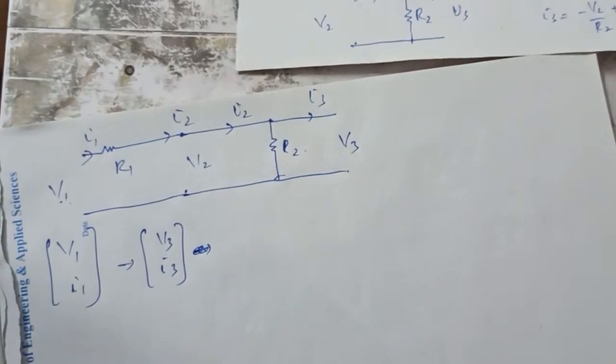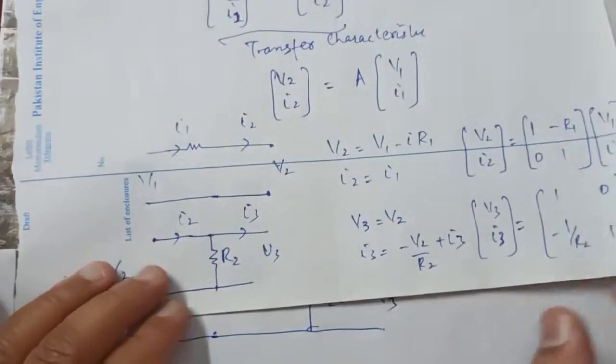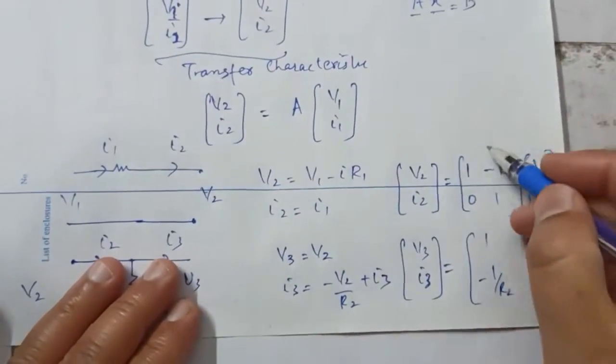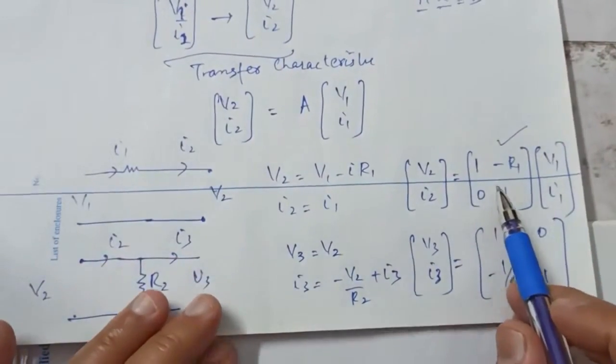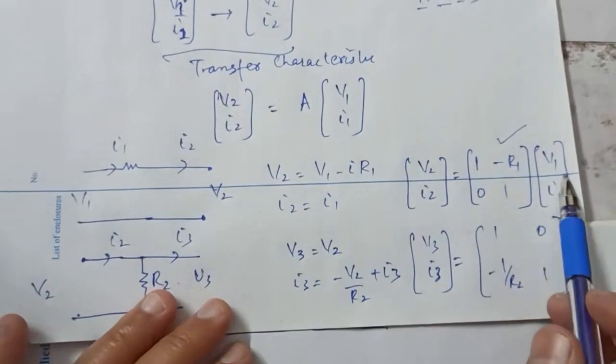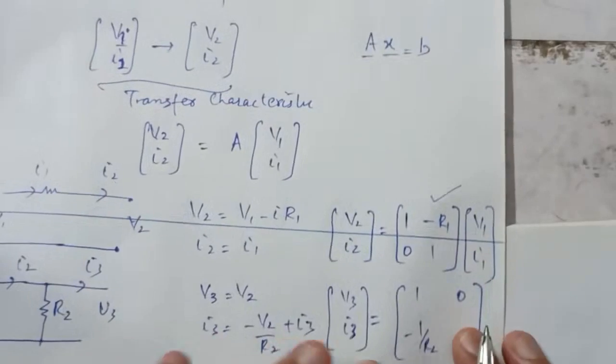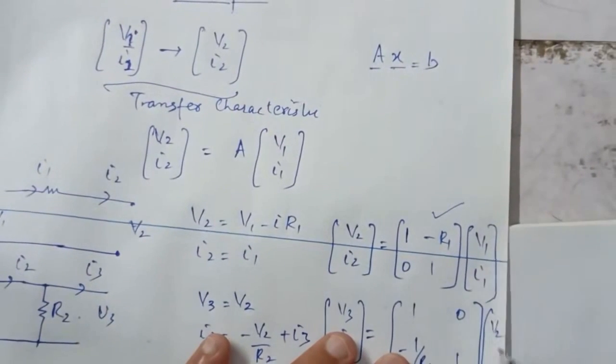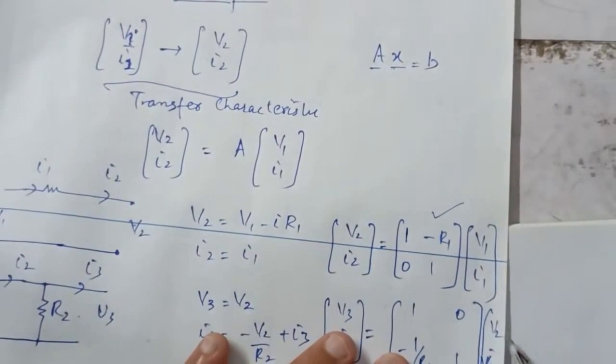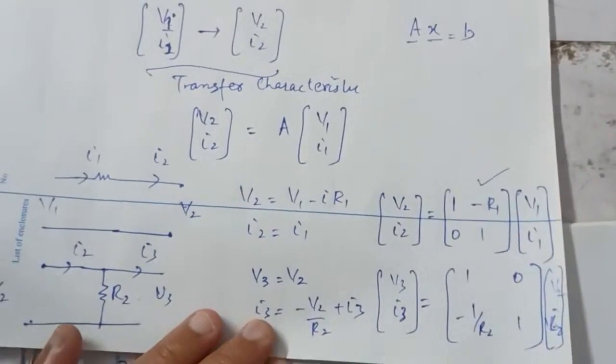As we have previously calculated, this one is the transfer characteristic A from V1 to V2, and this is the transfer characteristic from V2 to V3 and I2 to I3.